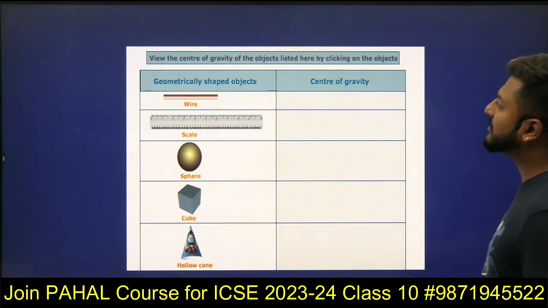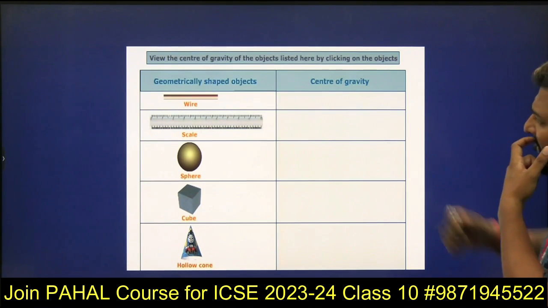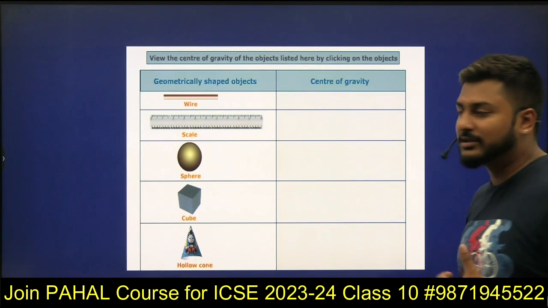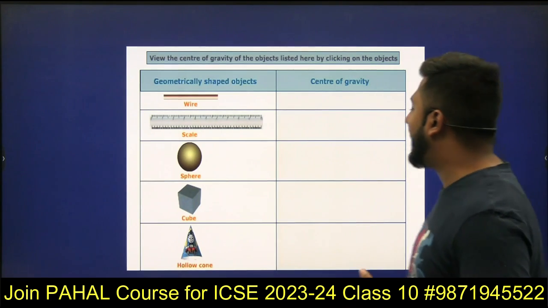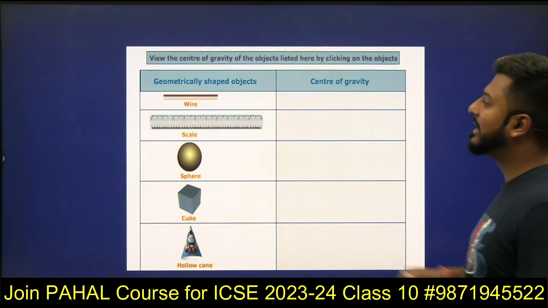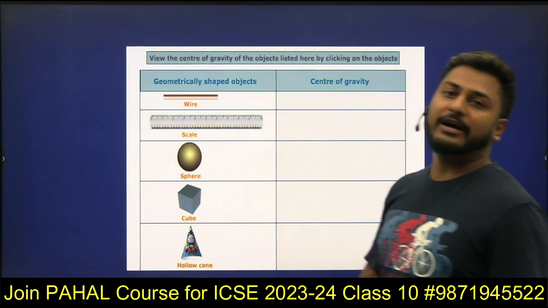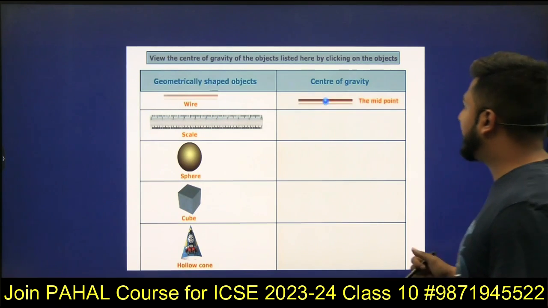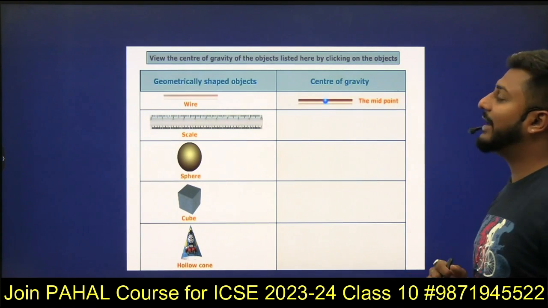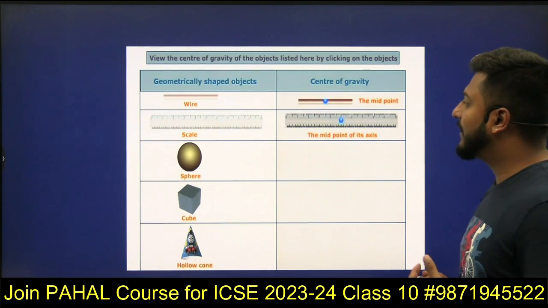Now let's talk about center of gravity of different geometrical shapes. So center of gravity of a wire, where will it be? At the center of the wire. The midpoint of the wire will be the center of gravity.